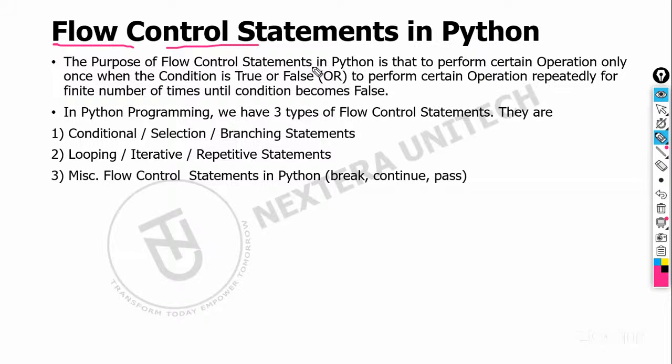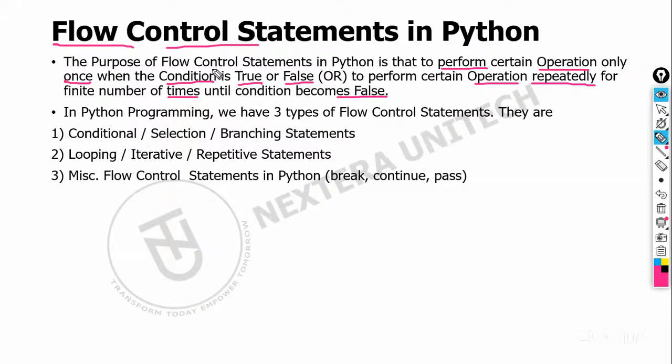They help us to perform a certain operation. A certain operation will be performed only once, when the condition is either true or false. If not, it also performs the operation repeatedly for a finite number of times until the condition becomes false.